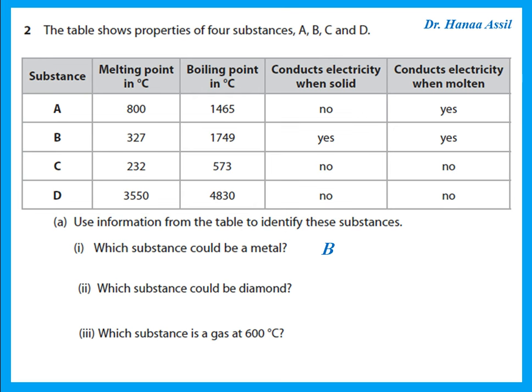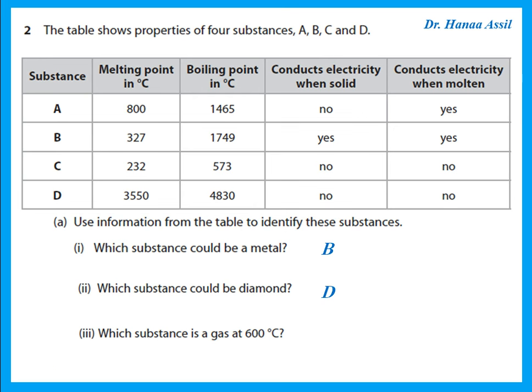Which substance could be diamond? Which one is diamond? First of all, diamond must have high melting point, high boiling point. And diamond would not conduct electricity, whether solid or molten. So the one that applies to all of this is D. High melting point, high boiling point, does not conduct electricity when solid and does not conduct electricity when molten. Which substance is a gas at 600 degrees Celsius?